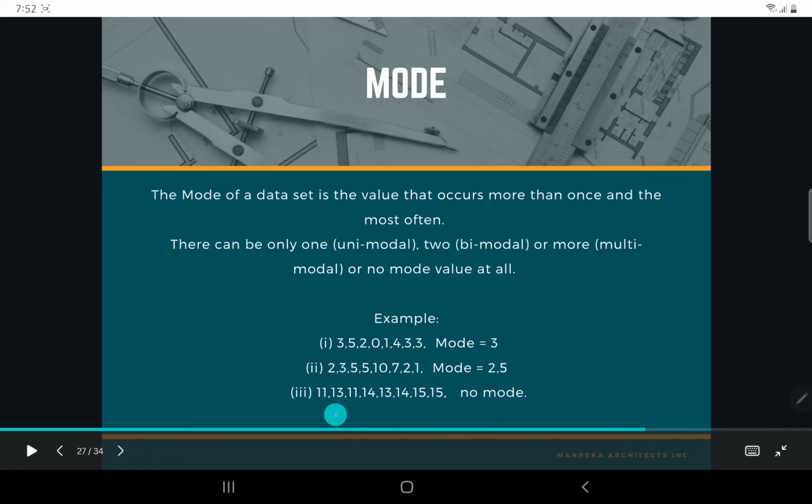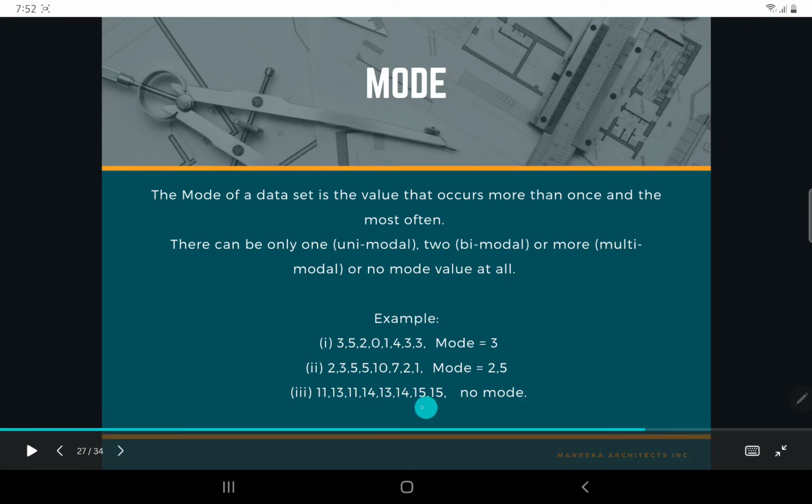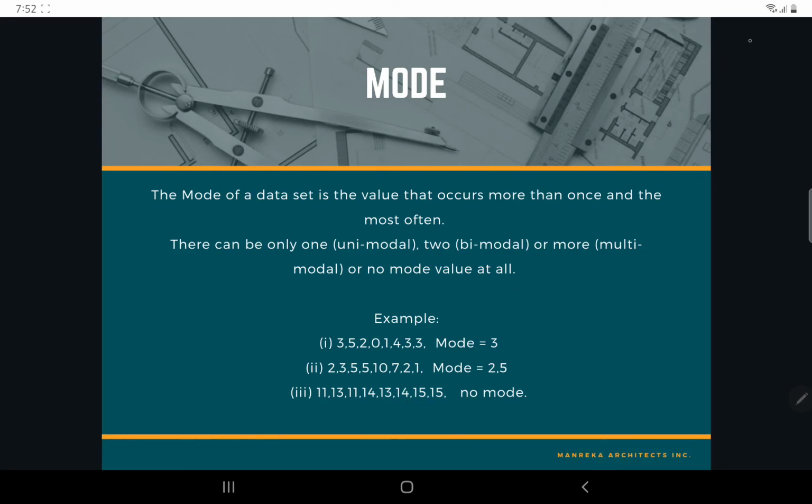Because semua data 11 berlaku 2 kali, 13 berlaku 2 kali, 14 berlaku 2 kali, 15 pun berlaku 2 kali. Semua data berlaku dua kali dan sama semua.